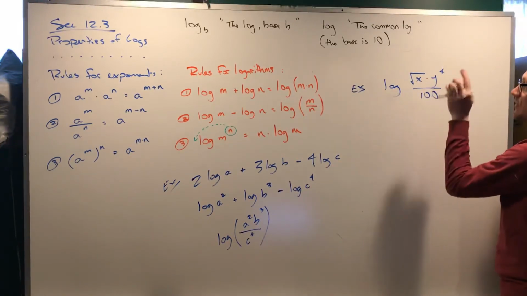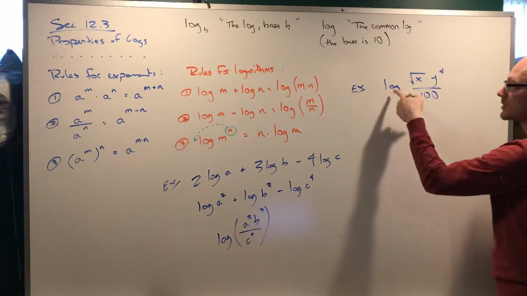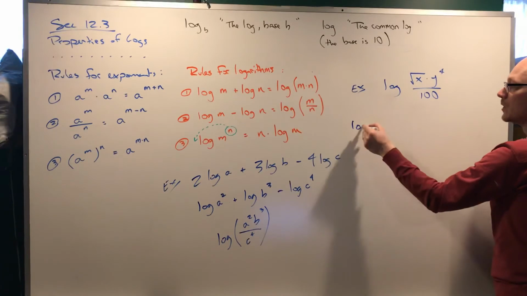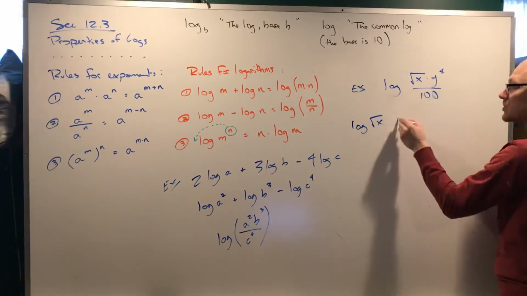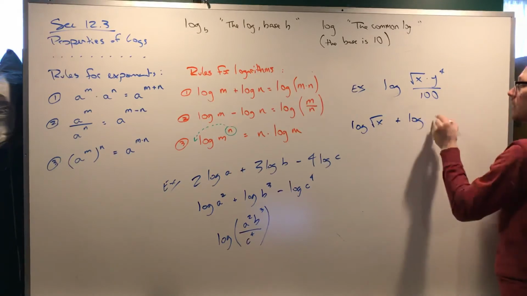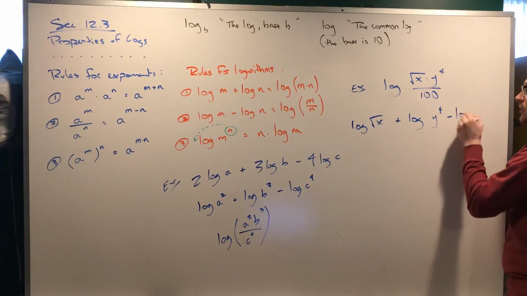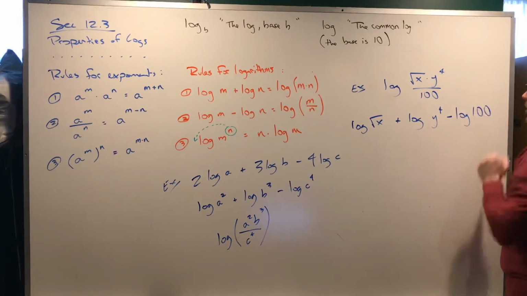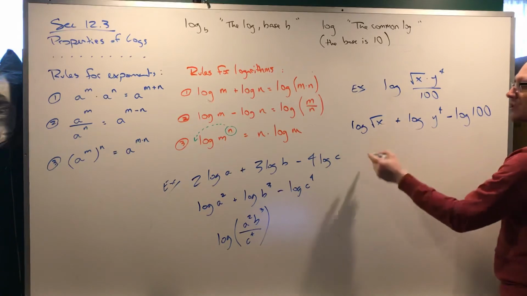Let's see if we can break this into 1, 2, 3 separate logs. So this is log square root x plus log y to the 4th minus log 100.